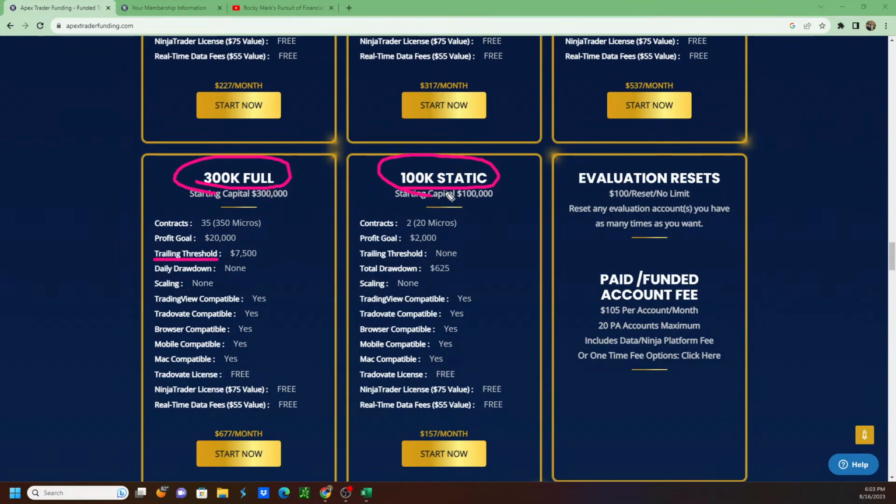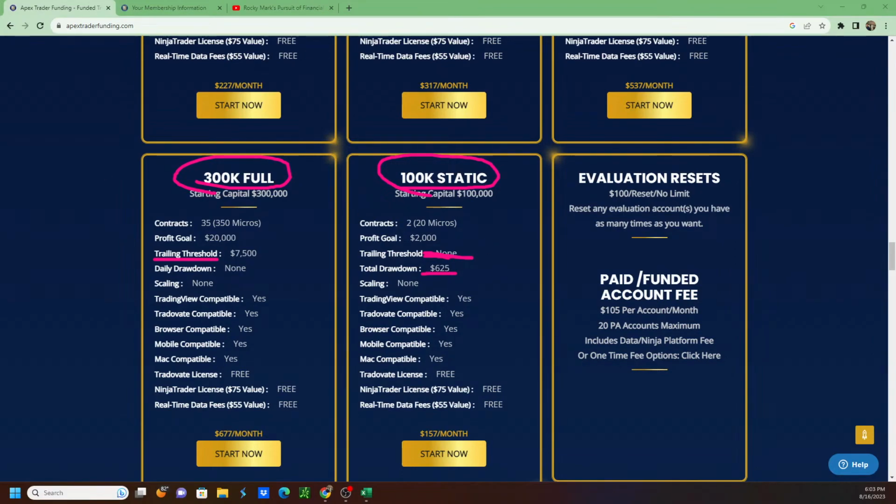And then the other one is the static, where there is no trailing threshold. The difference with this one is it has a fixed drawdown of $625. So for example, with this $100,000 account, you subtract 625, that's 99,375. So that means your account can't fall below that. However, it's not going to follow you.